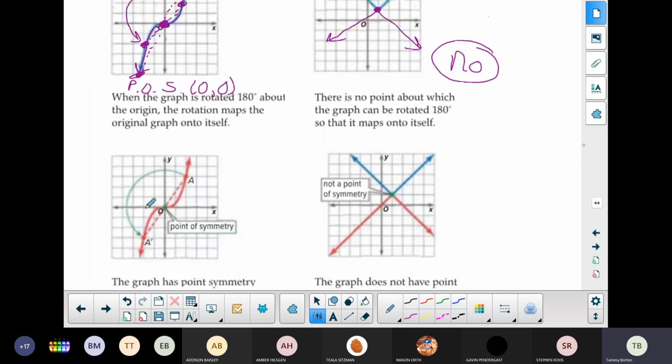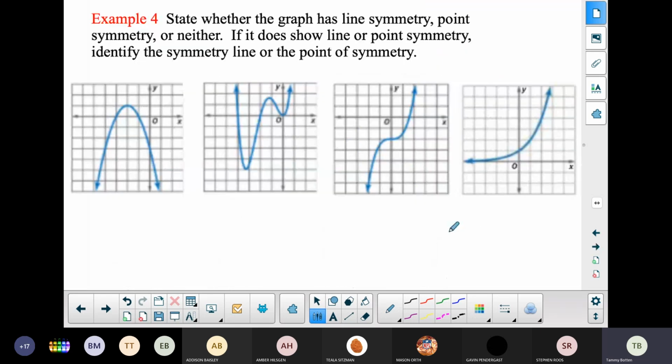This just shows rotating this one, and it has point of symmetry. This shows what it would look like if you did turn it upside down, and it does not have point of symmetry.